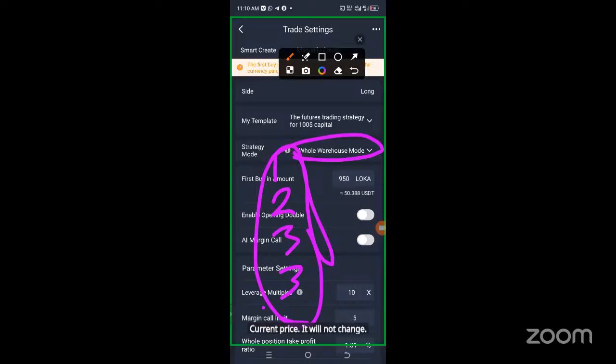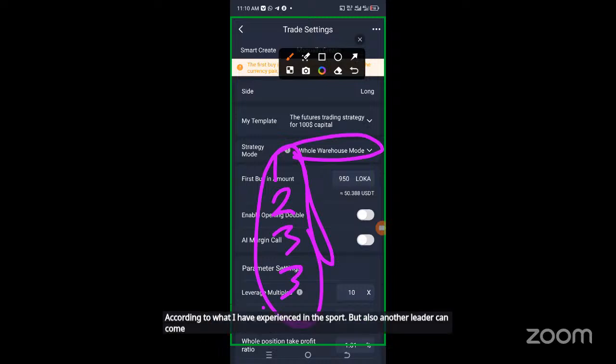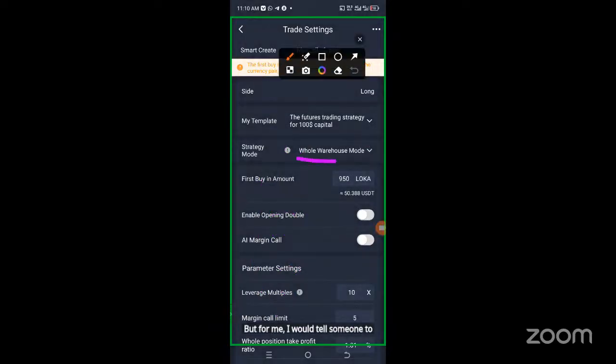That is my reasoning, according to what I've experienced in spot. But another leader can come out with another discovery because we are just learning. For me, I will tell someone to trade in warehouse, even when you have 10 margin calls, even when you have 20 margin calls.